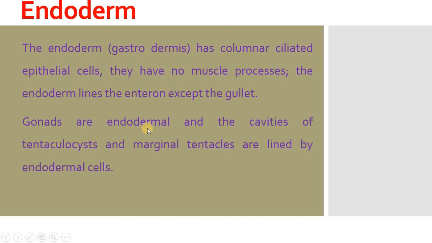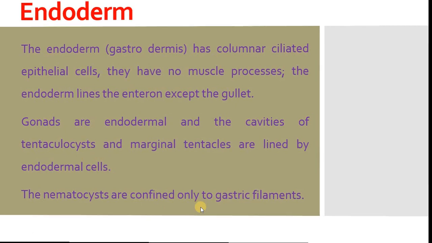Gonads are also endodermal, and the cavities of the tentaculocyst and the marginal tentacles are lined by endodermal cells. The gland cells are present while nerve cells and muscle processes are not found. The nematocysts are confined only to gastric filaments.